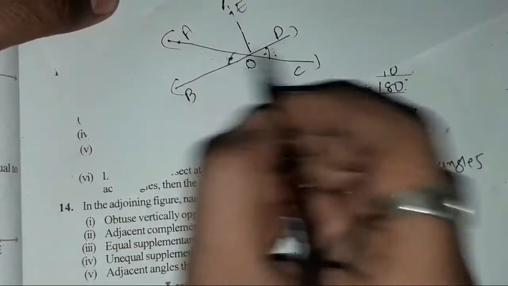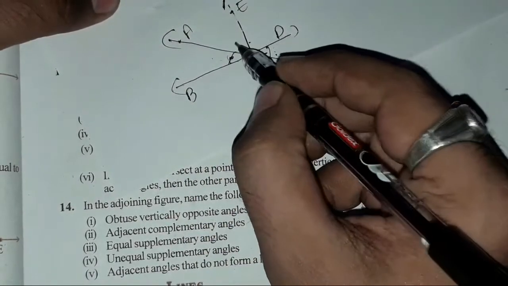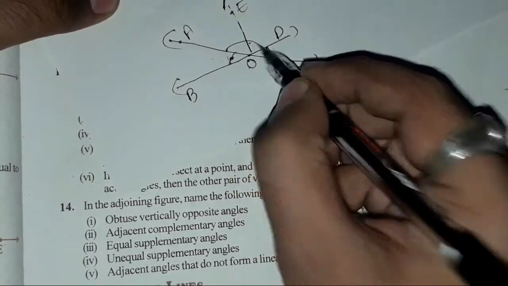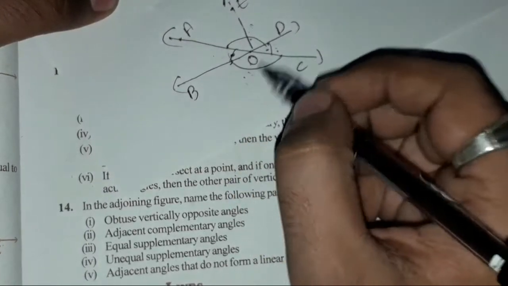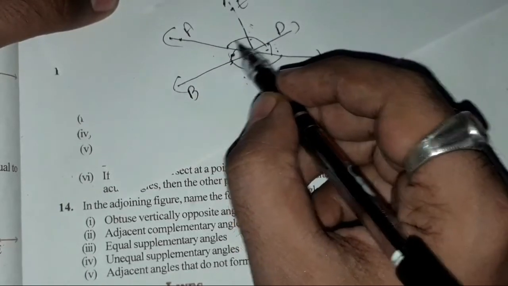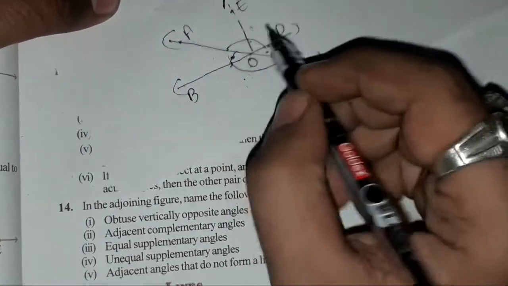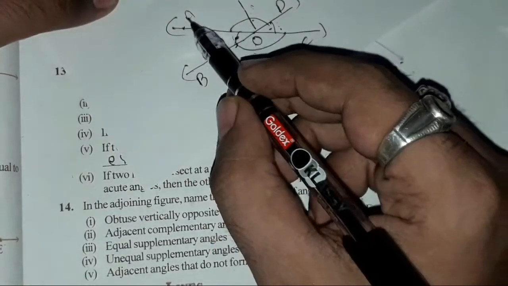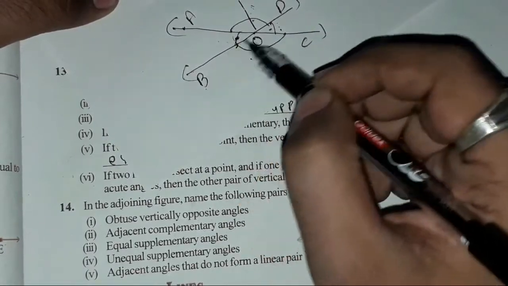Now here we can see both lines intersect each other at a common point, which is the intersection point, and angles are formed. This one and this one are also opposite angles to this one. Here we can see these angles are clearly more than 90 degrees. So the angle formed, angle AOD, is the vertically opposite angle to angle BOC.